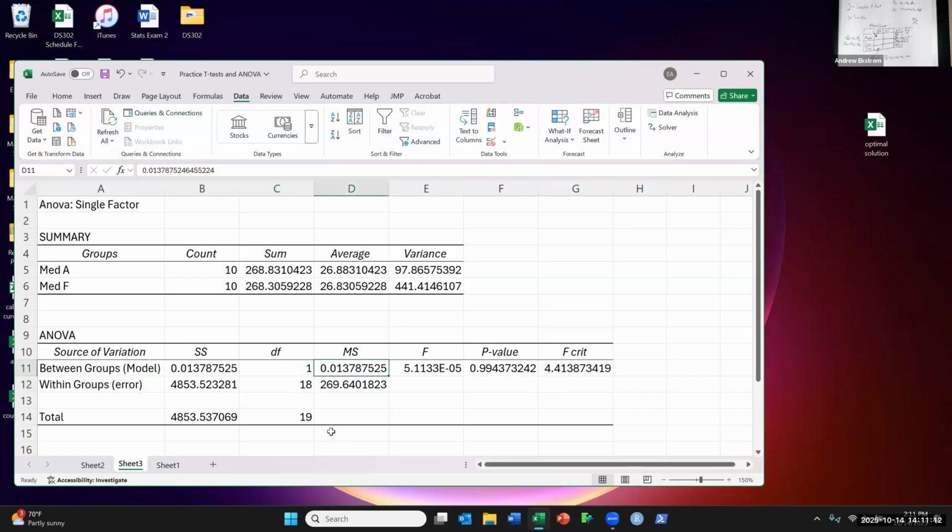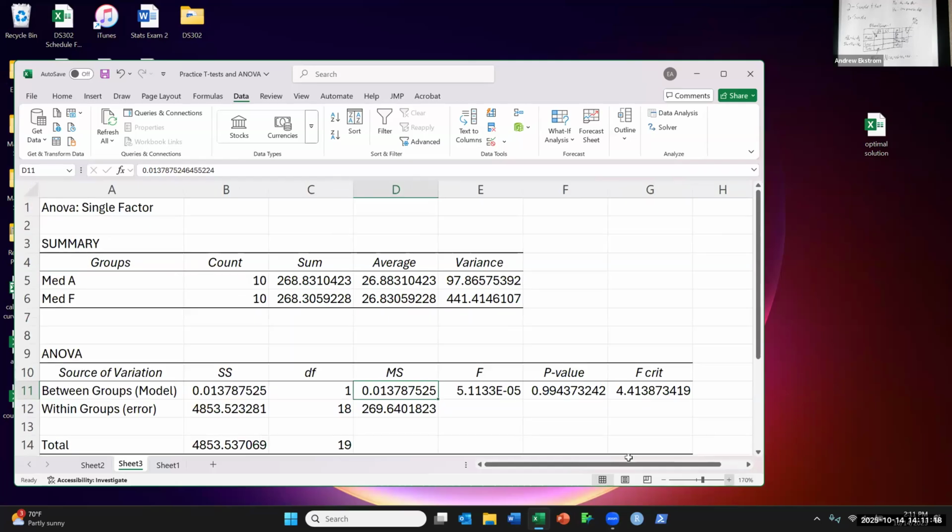So looking at the value here, what's this number divided by 1 going to be? Whatever that number is. This number here divided by that number, about 270. If we want to check it, it's a sum of squares divided by degrees of freedom. There we go.